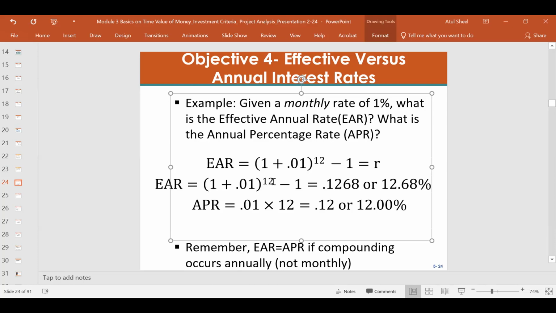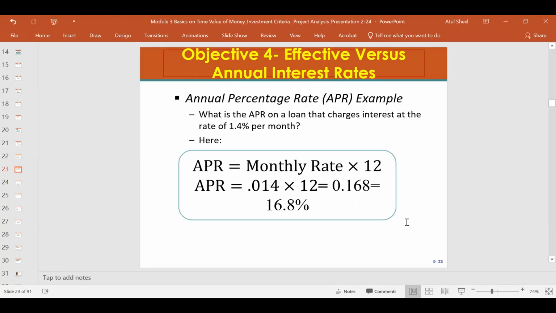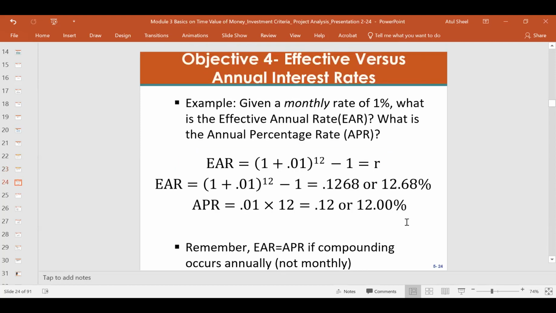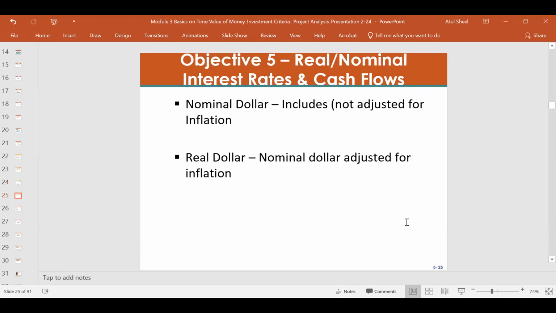So to the power t, 12 months in a year. So 1.01 to the power 12 minus 1, which is 12.68%, as opposed to the 12% APR. Well, APR is 0.01 times 12, so 12%. So the effective annual rate is definitely more than your APR, always. You will find that, okay? So when you're going for loans, watch out for these terms.